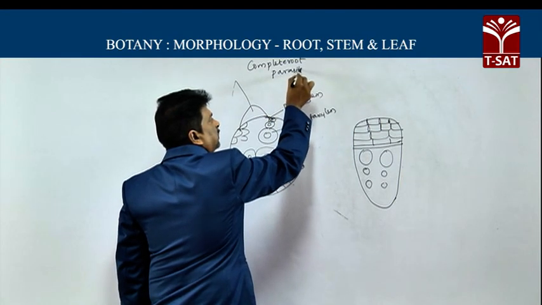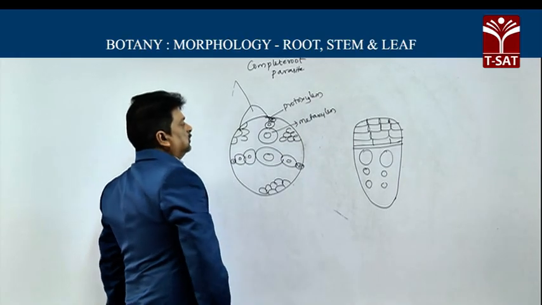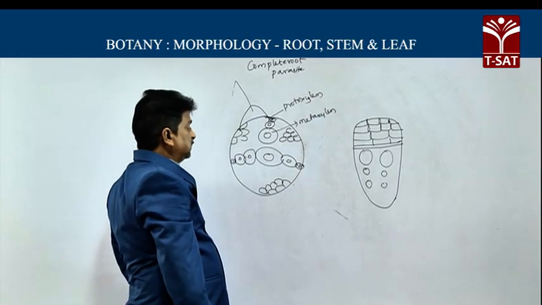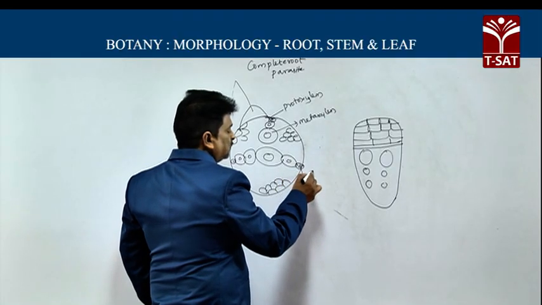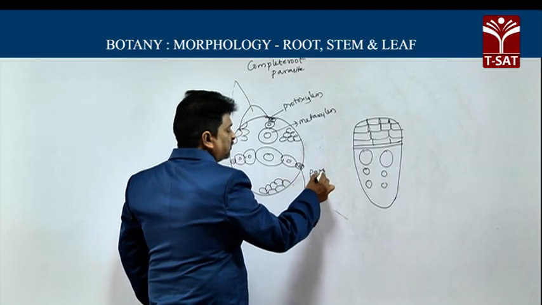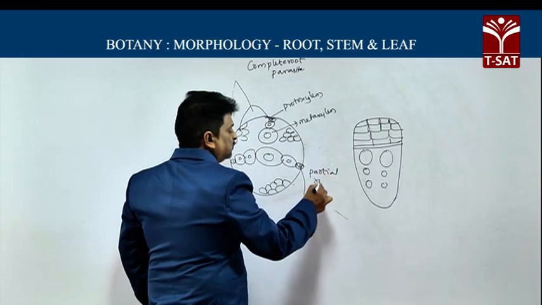And if haustoria are connected with only exarch xylem, that is said to be a partial root parasite.